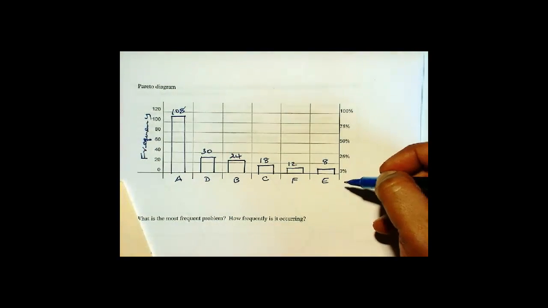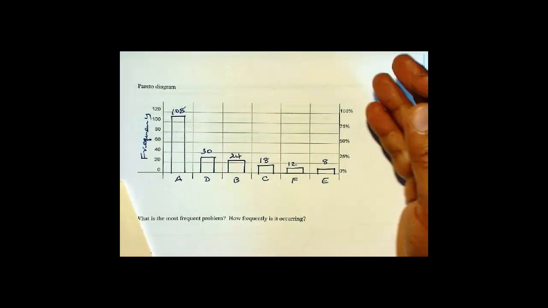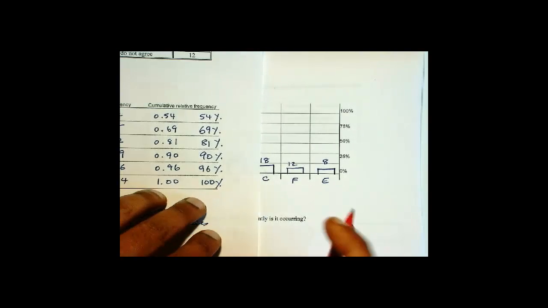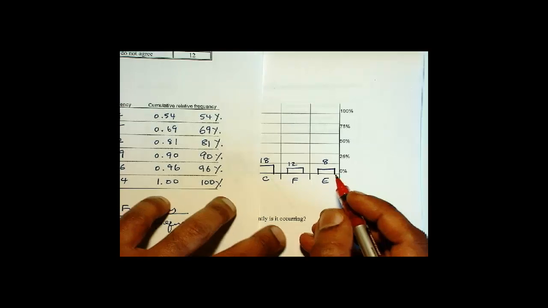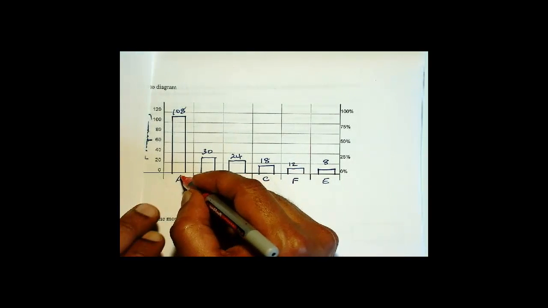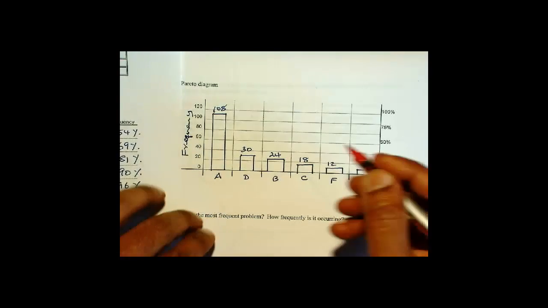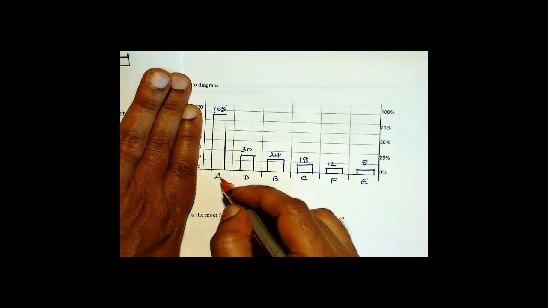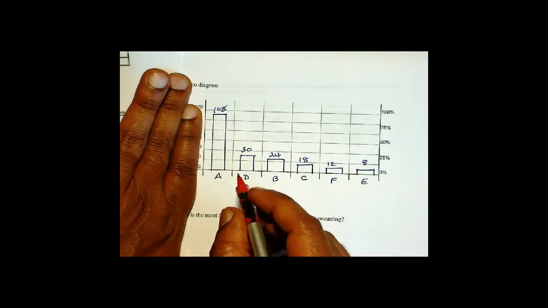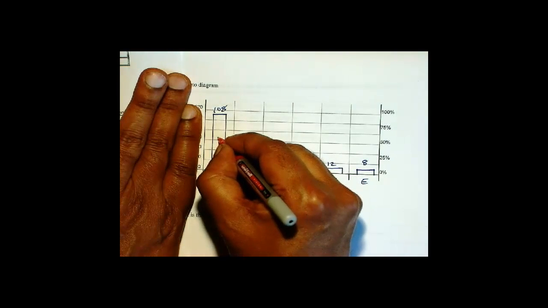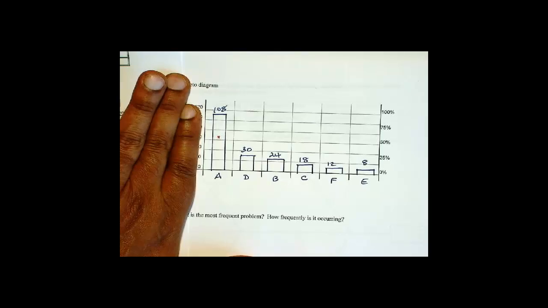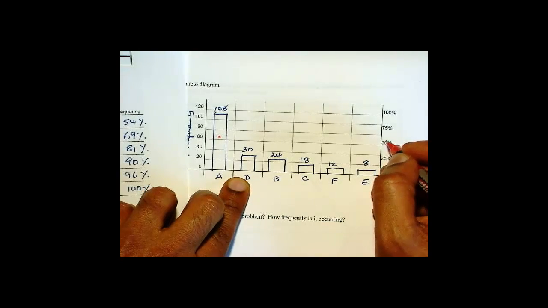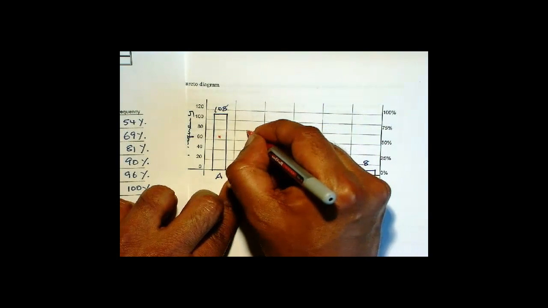Now we have to plot the cumulative relative frequency using the y-axis on the right side. So now here are the cumulative frequencies. For the first one, for A, it is 54%. So we need to use this right-hand side y-axis, not the left. That could sometimes be confusing. So 54 is approximately over there. The next one is 69 for D. So 69 for D would be about there.